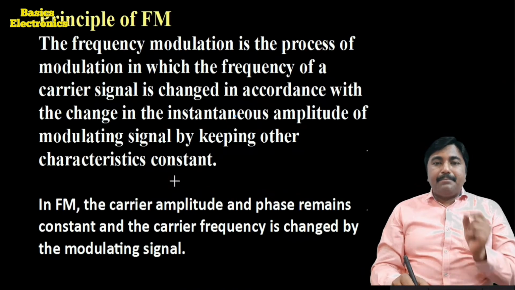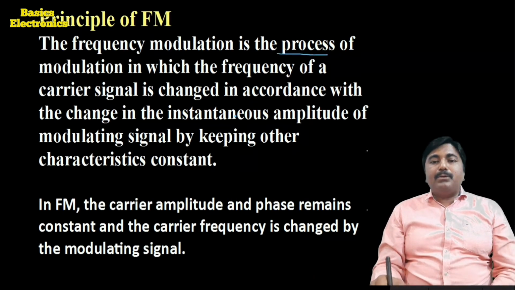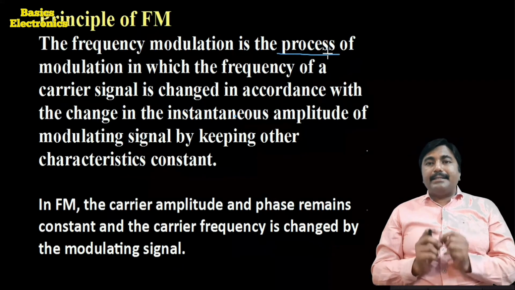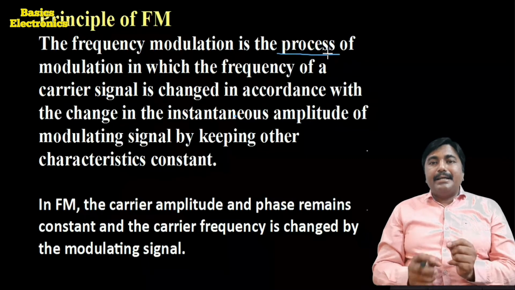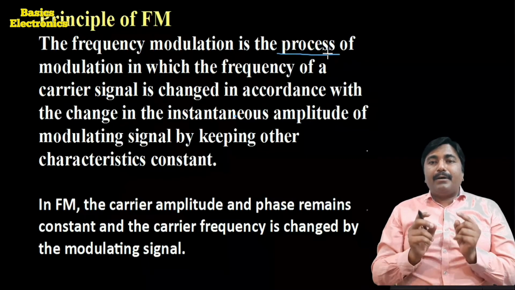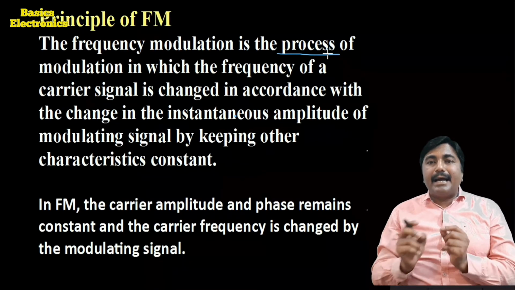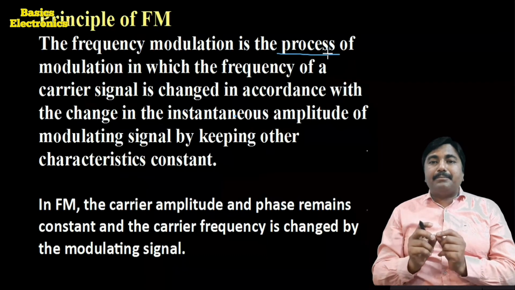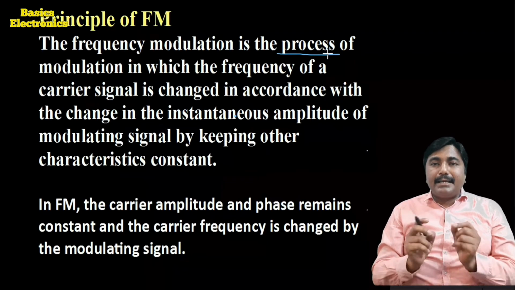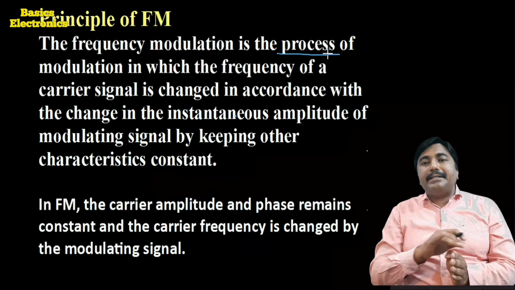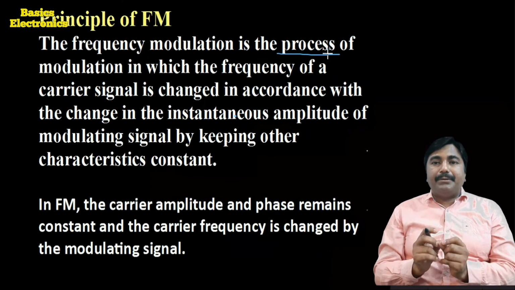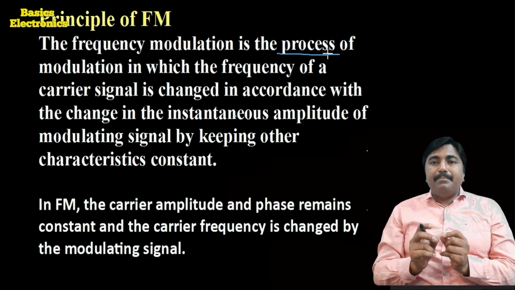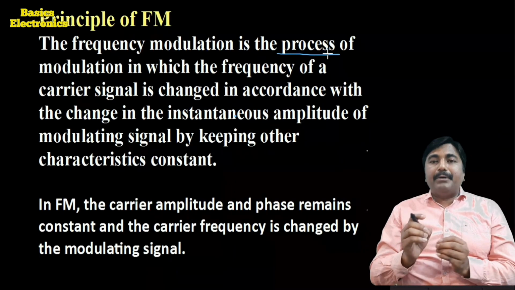Frequency modulation is the process of modulation in which the frequency of a high frequency carrier signal, we can say the RF signal, is changed in accordance with the instantaneous amplitude. Instantaneous amplitude means the amplitude at a particular instant.